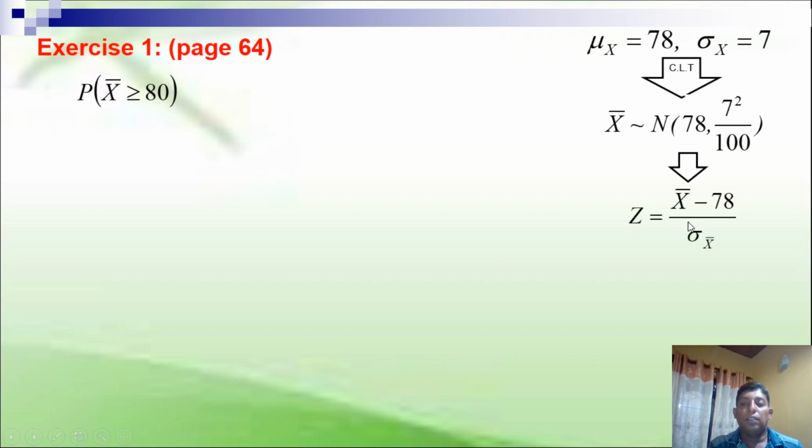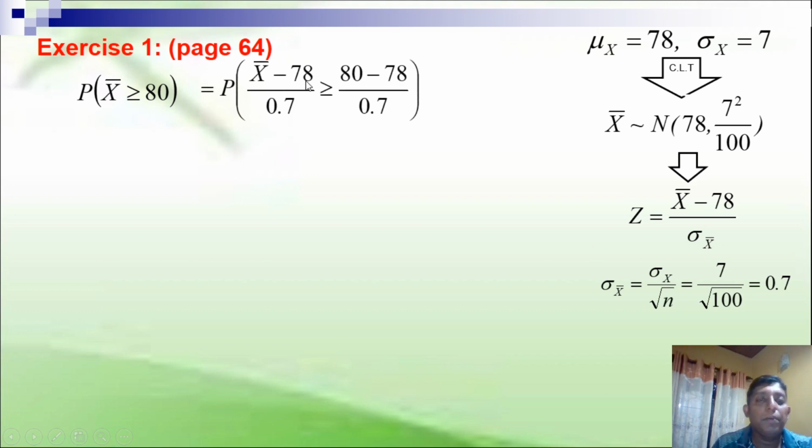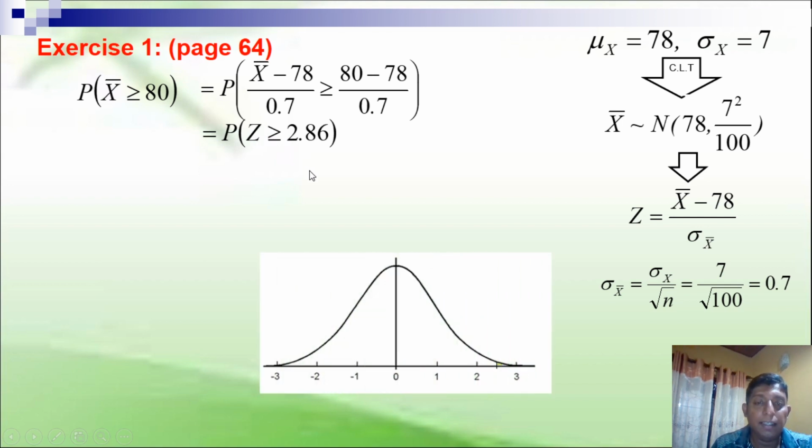Then using this transformation formula, we can convert these X bar values into standard normal. X bar minus mu divided by the standard deviation of X bar, 0.7, and divide this difference by 0.7. Then we need to find the probability of standard normal Z values greater than or equal to 2.86.